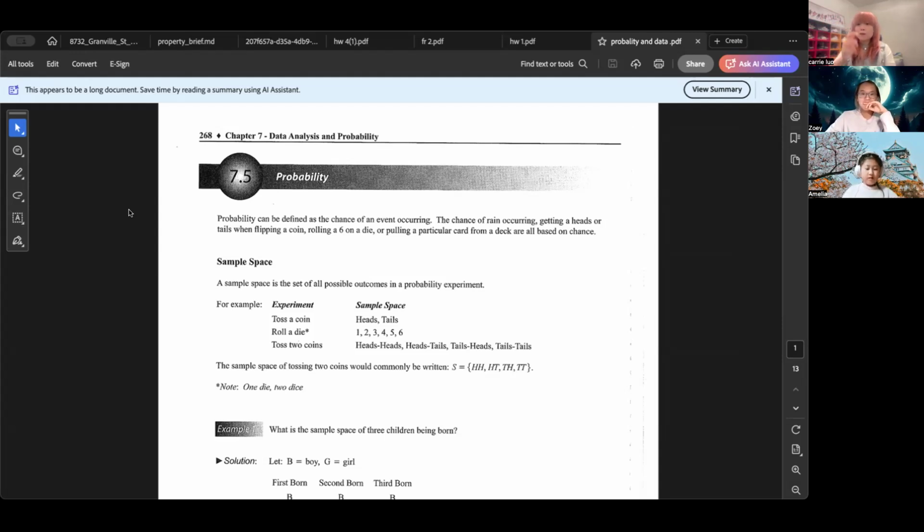So if we say tomorrow the probability of raining is 40%, at the same time the probability of not raining is 60%. Get it?